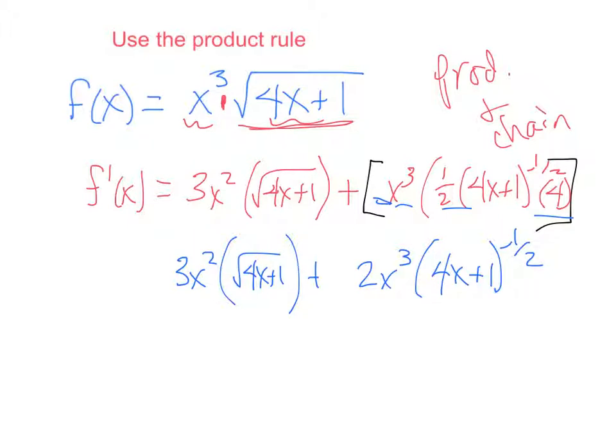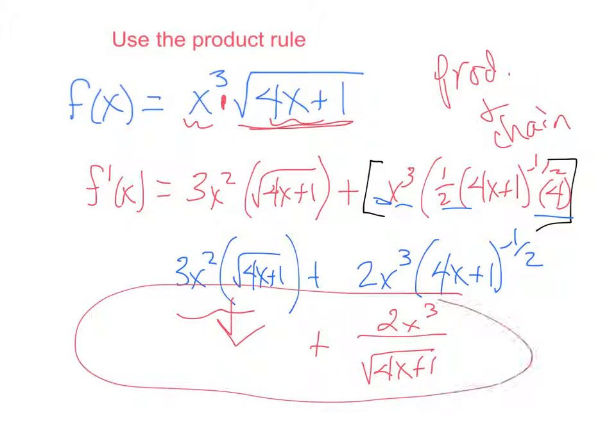Or you can write it with this staying the same, plus 2x cubed over the square root of 4x plus 1. And this would be the same, with a positive exponent.